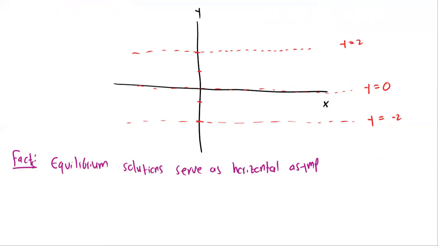Actually, let me say facts, I'm going to give you more than one. So equilibrium solutions serve as horizontal asymptotes for all other solutions, all other functions that are solutions. So that's the first fact.